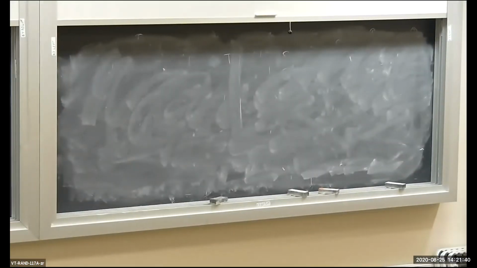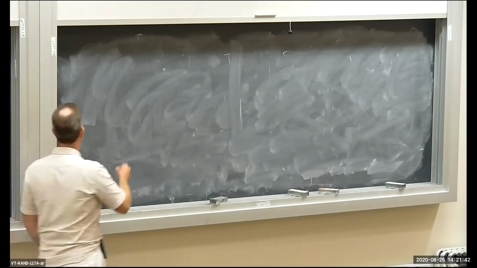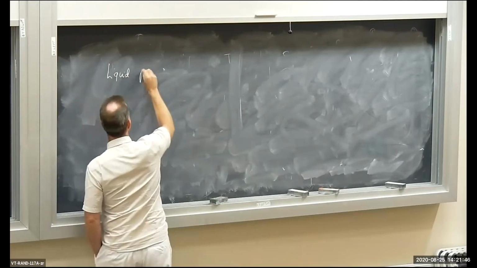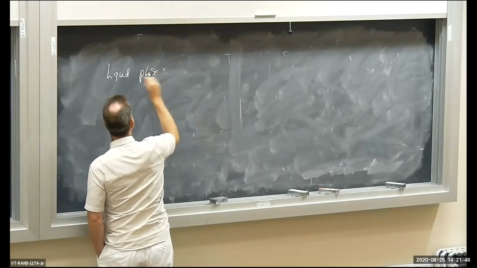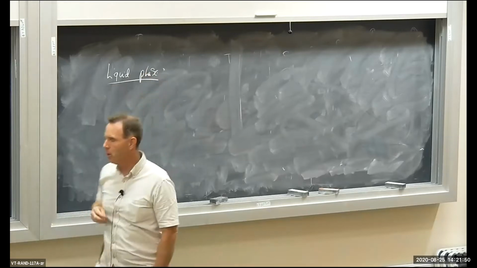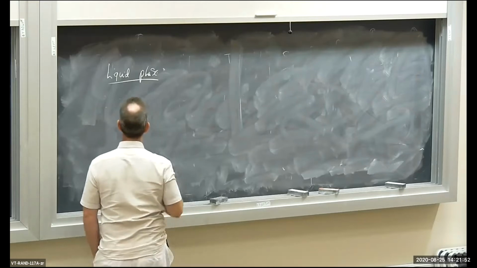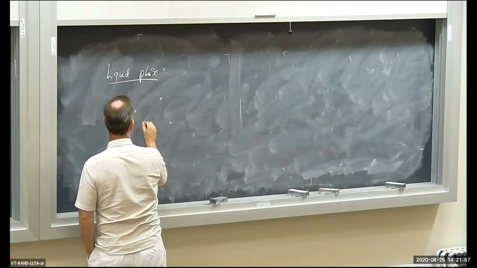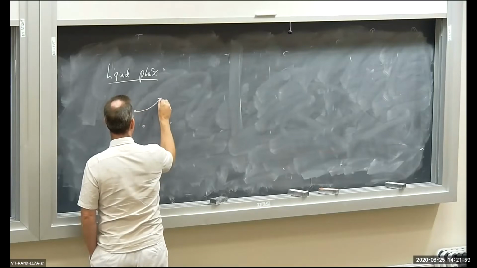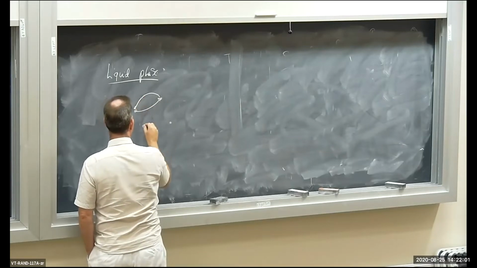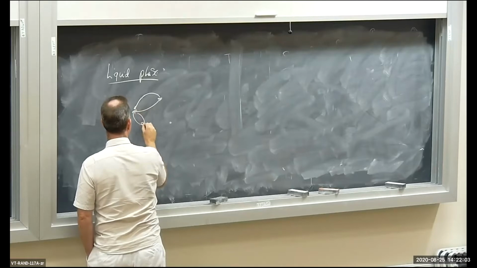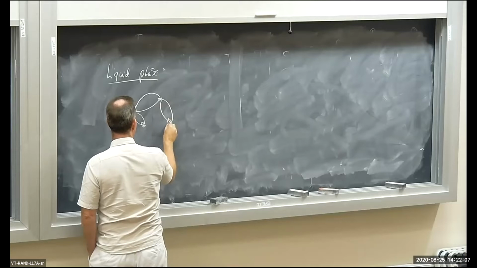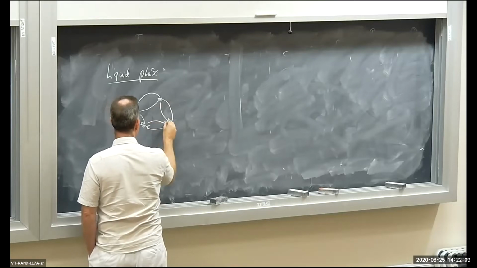Now, what about a liquid? Liquid phase. What about liquid phase? Well, here we have the atoms and the molecules, and these bonds are kind of weak. I'm just trying to indicate that these can move around.